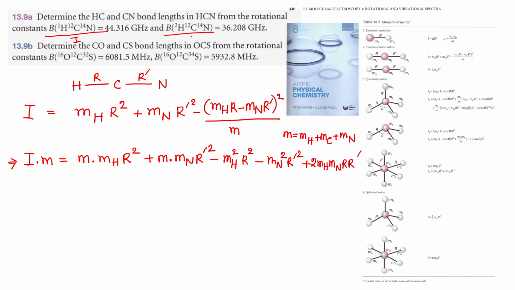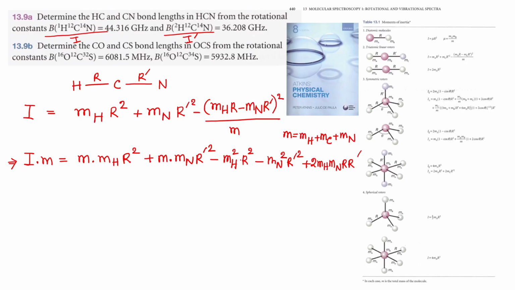Is the moment of inertia the same for this isotope, or is it going to be different? Different, because hydrogen is there, nitrogen is there. Yes. So let us take I dash. Now what we are trying to establish is the expression in terms of I and I dash.